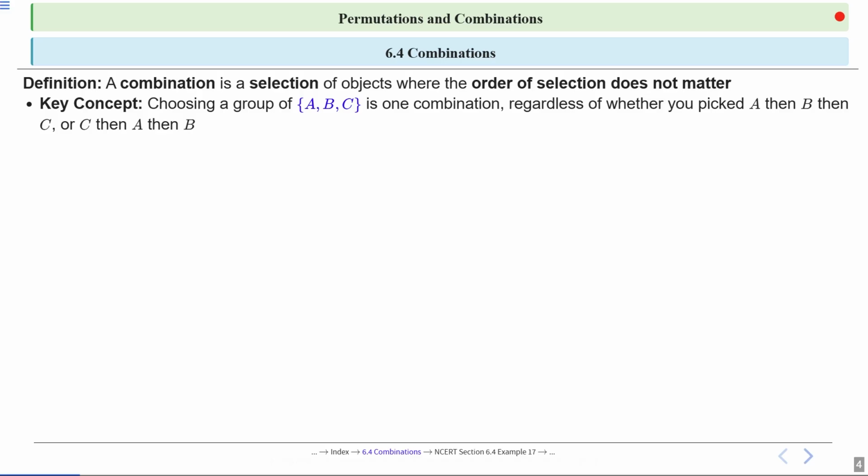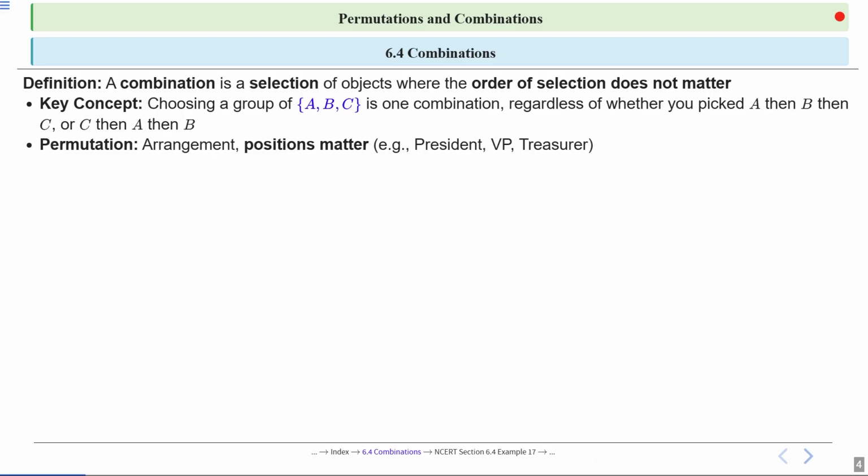Here we will see the key concept of combination. When we choose a group like A, B, C, this is a combination. The order doesn't matter in this case. Whatever you choose, A, B, C or C, A, B, the result will remain the same. So order doesn't matter for combination.